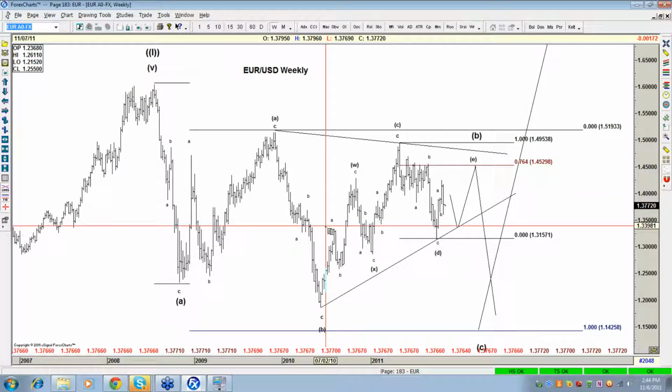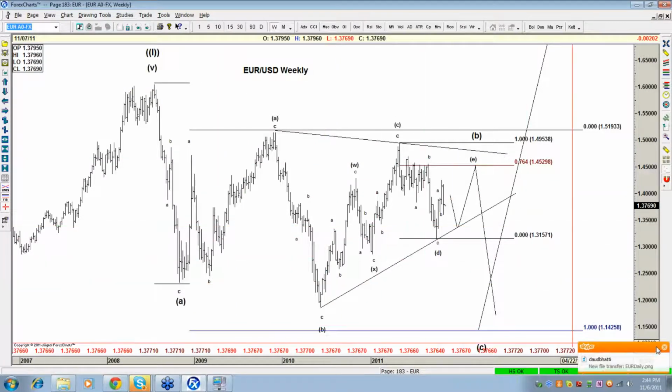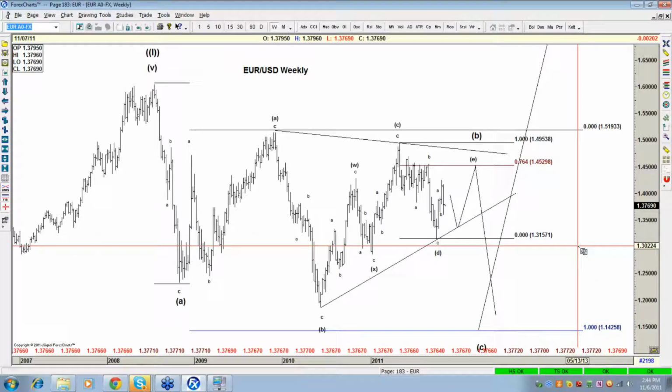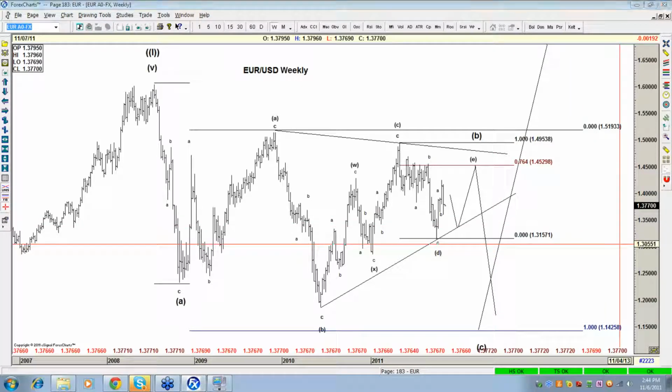I think that the most likely scenario is that cable goes into a C wave of B, of E, and then that the rest, the euro goes to 134 and then higher to 144.